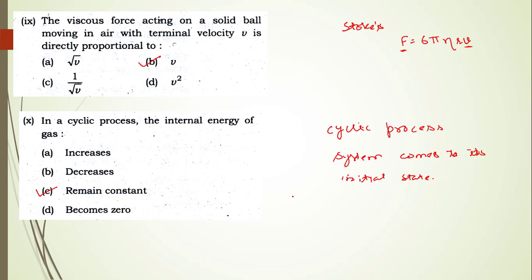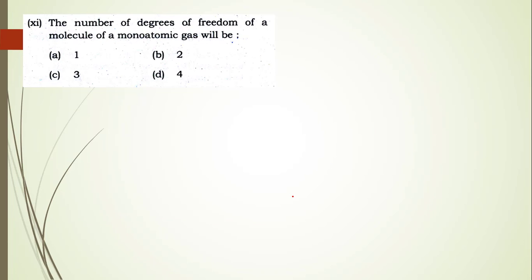Next question, question number 11. Here it is given that the number of degrees of freedom of a molecule of a monoatomic gas will be. We know the formula for number of degrees of freedom, F is equal to 3n minus R, where n is the number of atoms and R is the restriction imposed by physical laws.